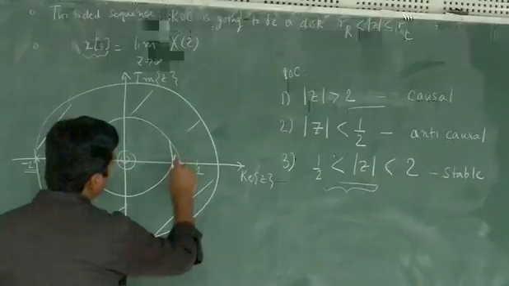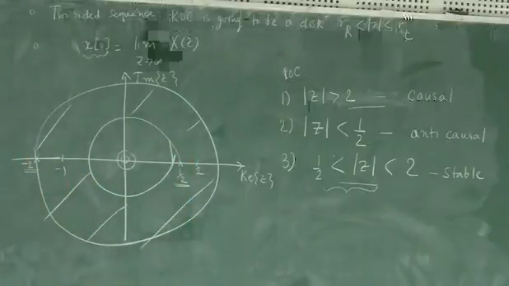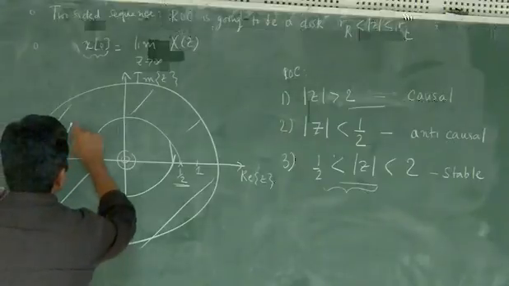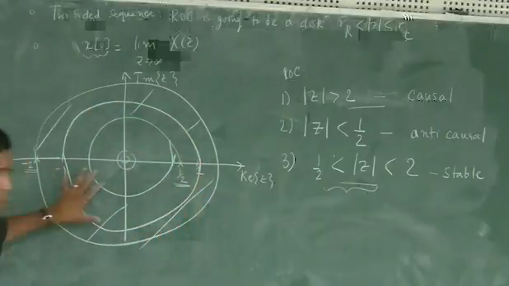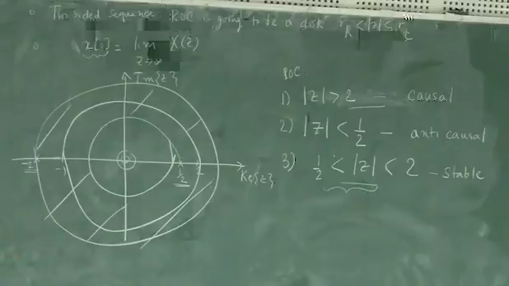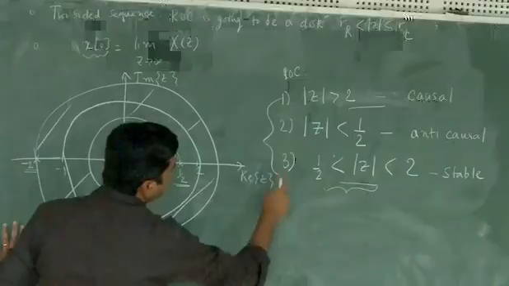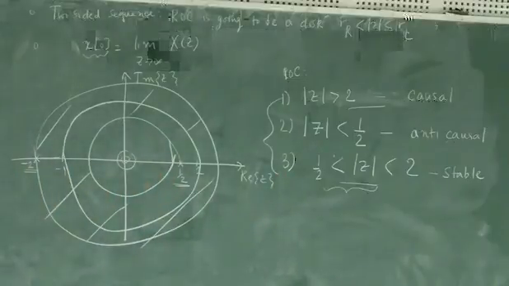So we say that a signal is stable, the general definition is when the DTFT of that exists. Okay, so from the Z transform, the DTFT will exist for a given signal or a system if the region of convergence includes the unit circle. Because the unit circle corresponds to just the DTFT, right? So in this case, of these three ROCs, there's only one which encompasses the unit circle, right?